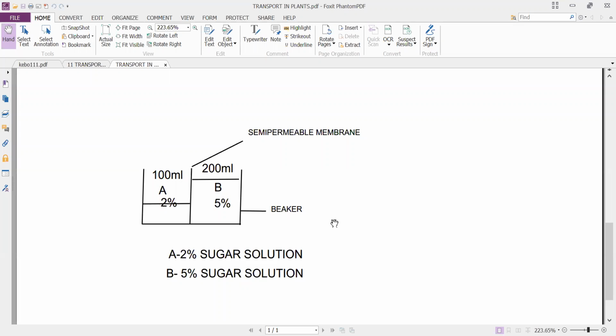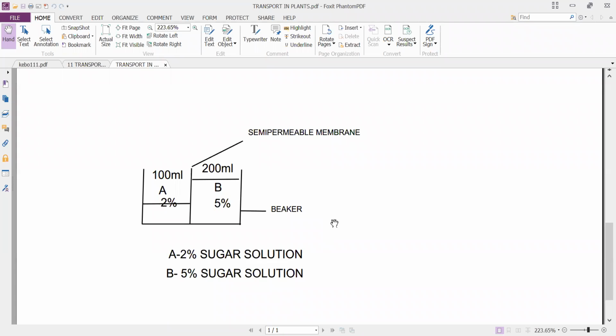Okay, you can fill the pit halfway with the sugar solution. After some time, you can observe a rise in the water level, and if it continues, after some time we can observe an overflow of water.